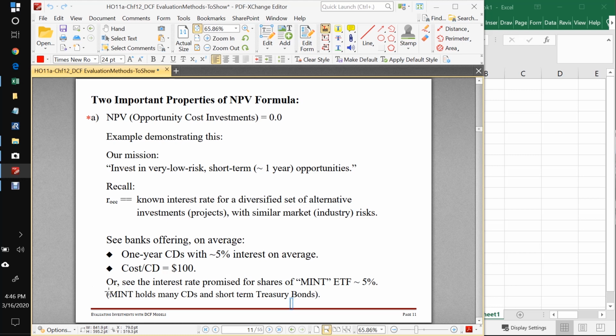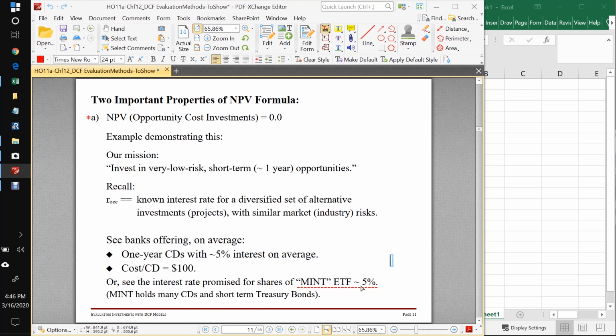Another thing that we could do is be a little lazier and go to the Mint Exchange Traded Fund, which, as we learned in the last chapter, holds many short-term CDs and treasury bonds.